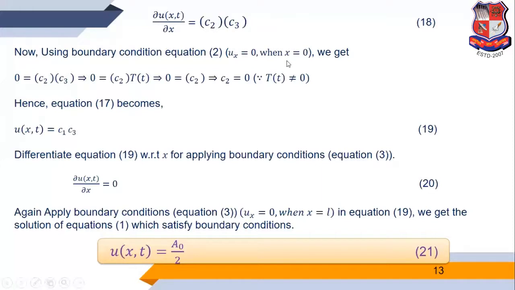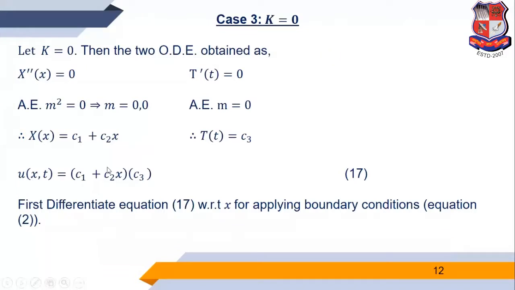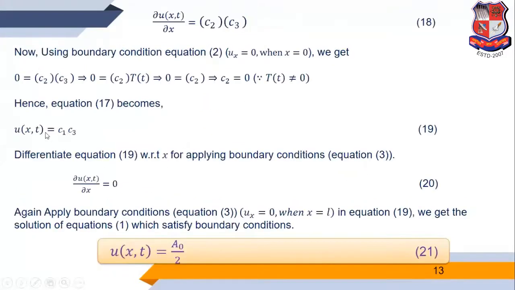We are applying the boundary condition when x is 0. So 0 is equal to c2 into c3, and T of t is c3. So T of t not equal to 0, then we get c2 is 0. Hence, the equation 17 becomes, that means here c2 is 0, so u(x,t) is equal to c1 into c3. Now we are applying the boundary condition equation 3, differentiate, then we get 0.